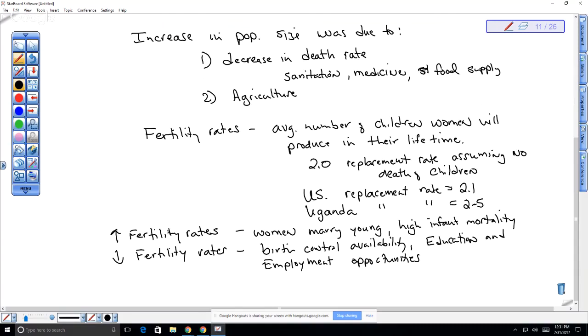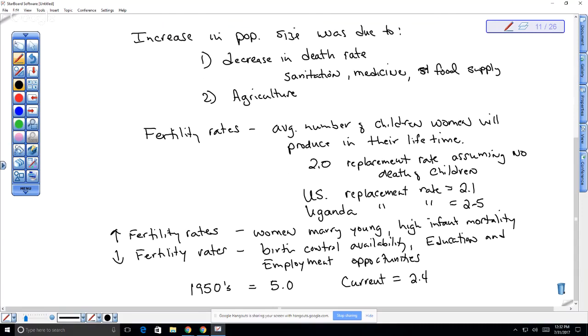So when we look at the worldwide fertility rate, it is decreasing. In the 1950s, and this is worldwide, so this is not in the US, the fertility rate was 5. So every female was producing on average 5 offspring, right? The current fertility rate worldwide is 2.4.